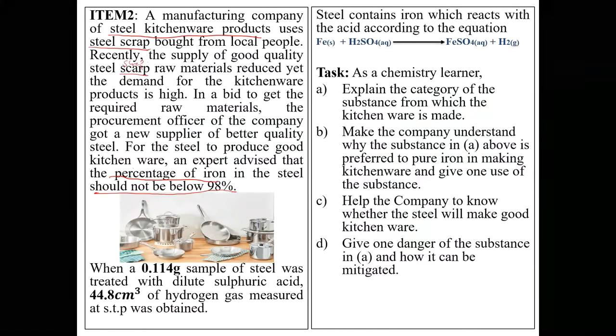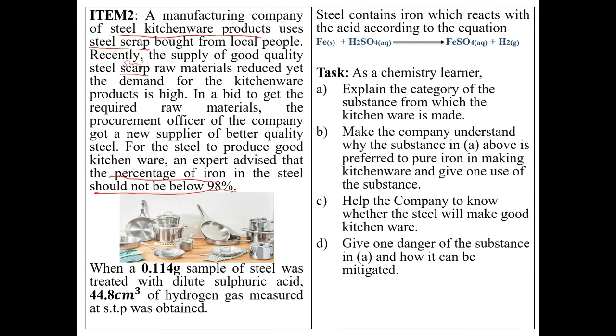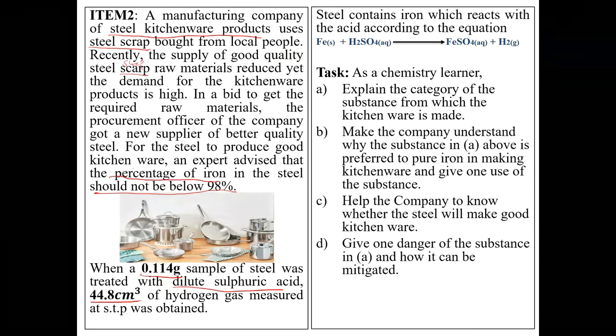So here they're saying that when 0.114 grams sample of steel was treated with dilute sulfuric acid, 44.8 cubic centimeters of hydrogen gas measured at STP was obtained. Now, what is this mass they have given us?